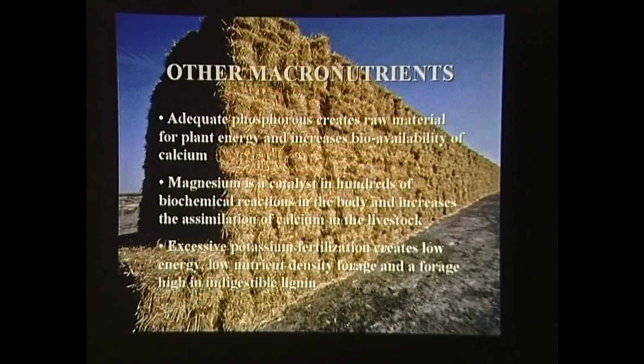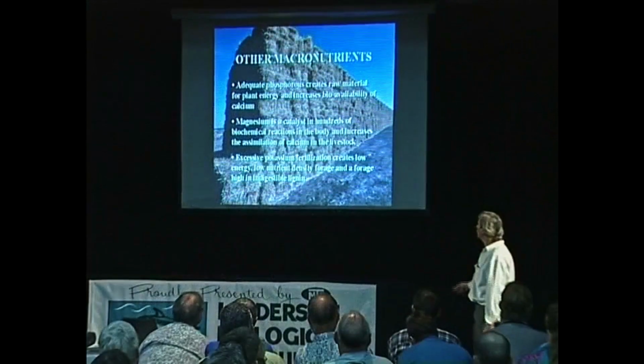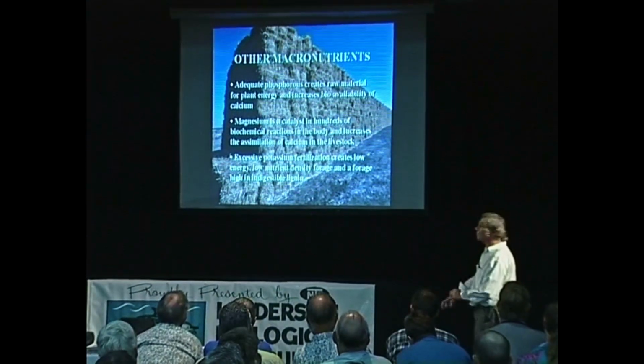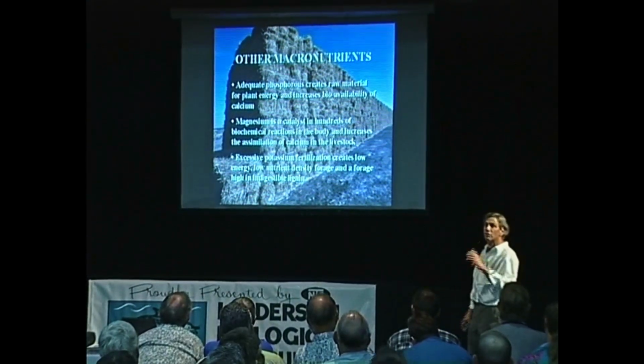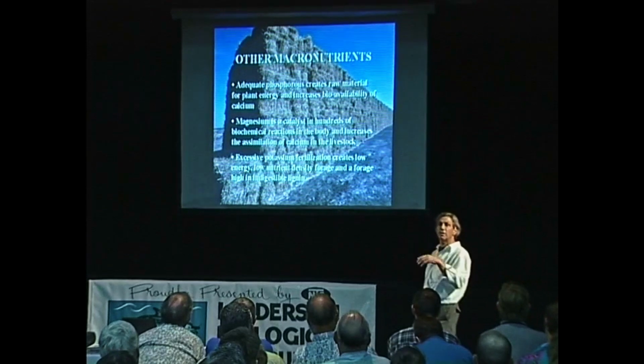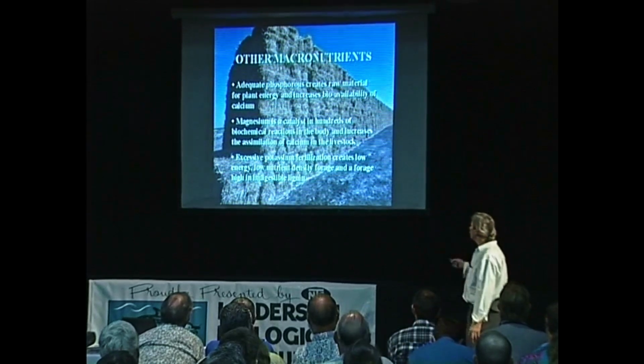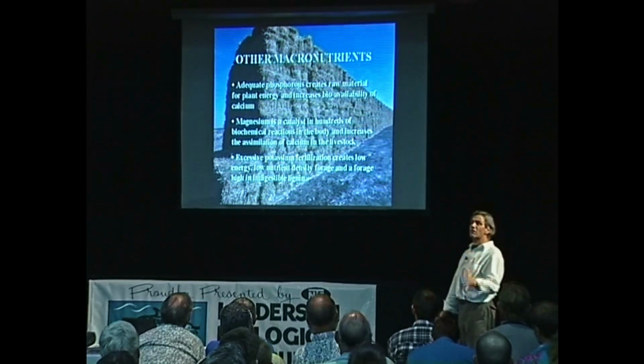So other macronutrients that tie into this high quality protein and high nutrient density, energy density forages are phosphorus, because again, ATP and ADP are associated with a phosphorus molecule. Magnesium is a catalyst in all these biochemical reactions and is associated with phosphorus and calcium absorption. And this is another one in our area. We've got a lot of animal units per acre.